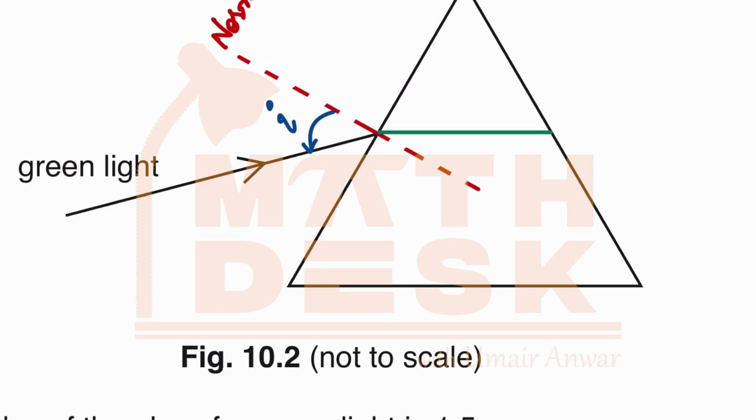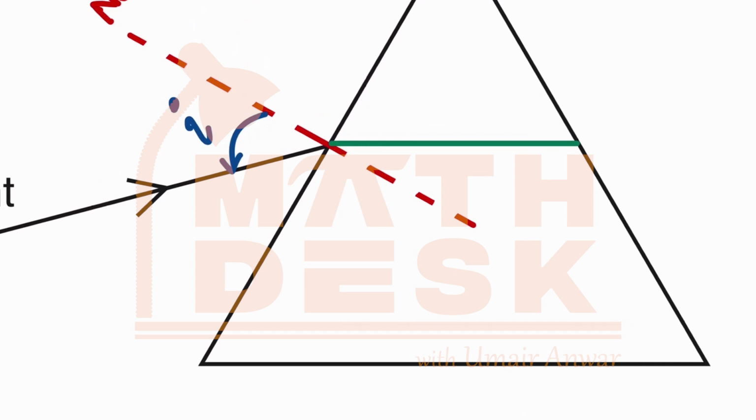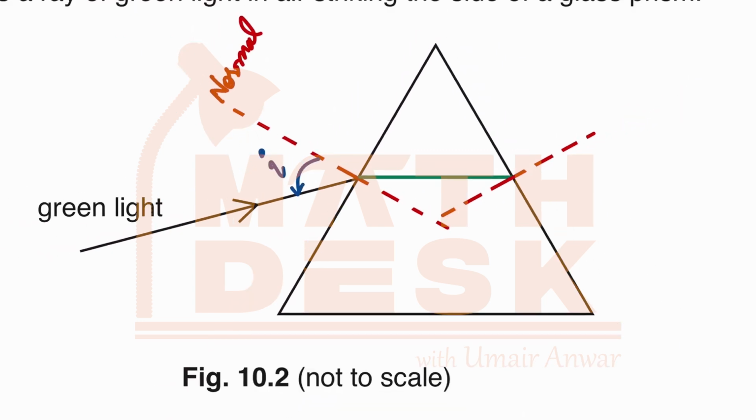Okay, now again there would be a refraction over here, and another normal should be drawn over here. So this is a line which is perpendicular to the surface at the point of incidence, and again it has to be a dotted line. So now the ray of light would go in a way that it would bend away from the normal.